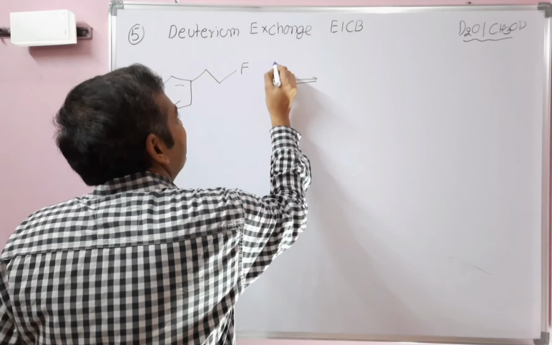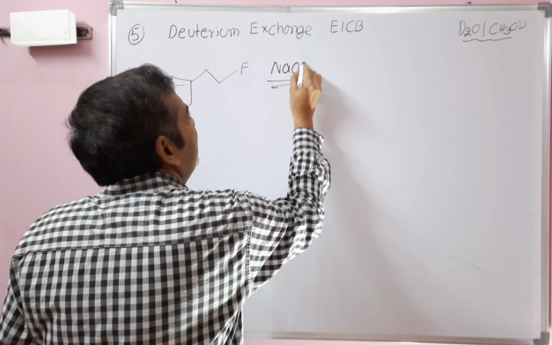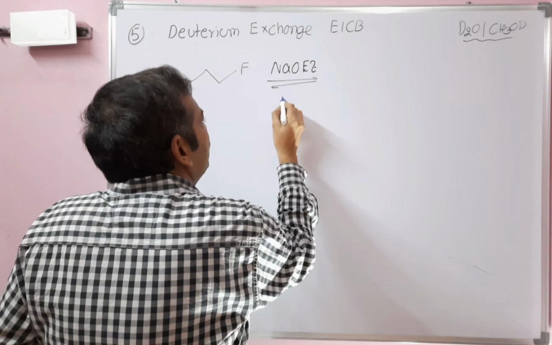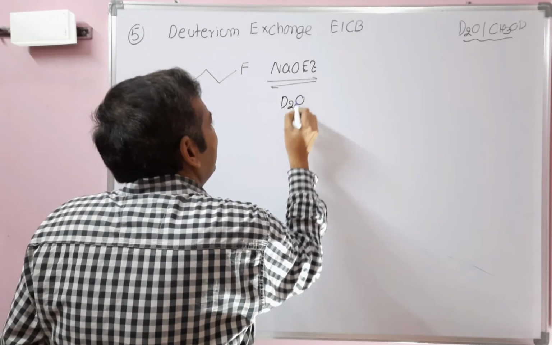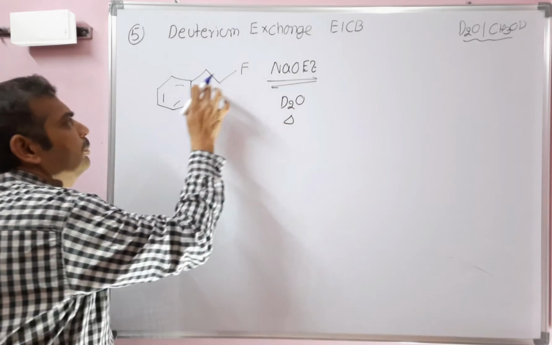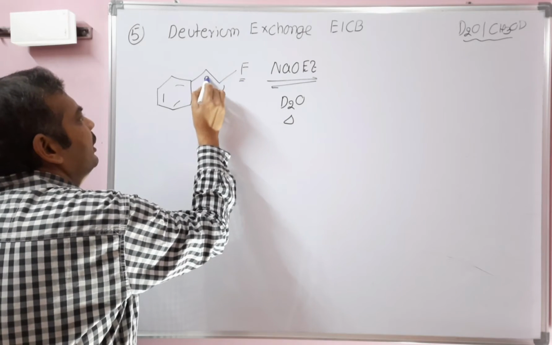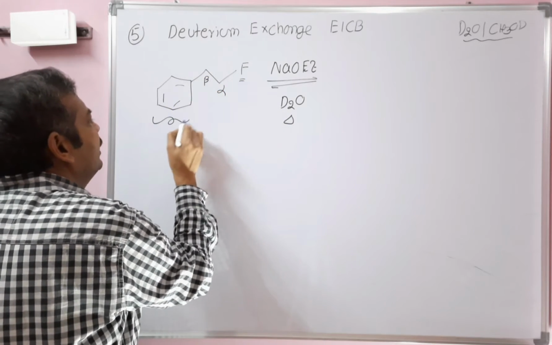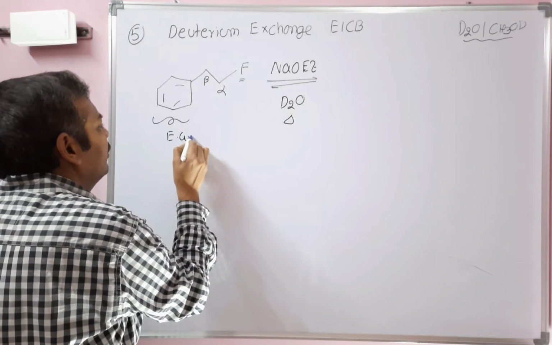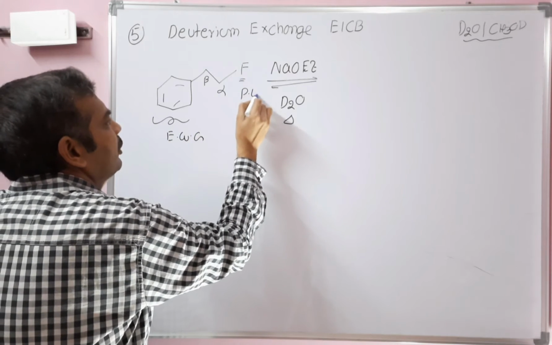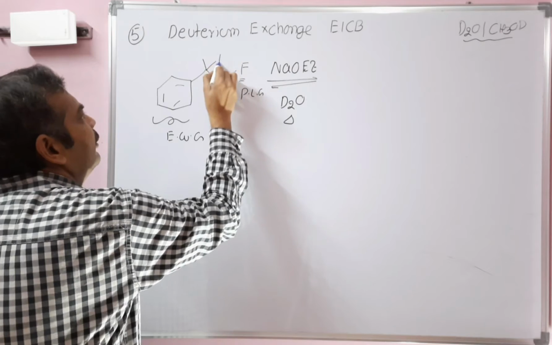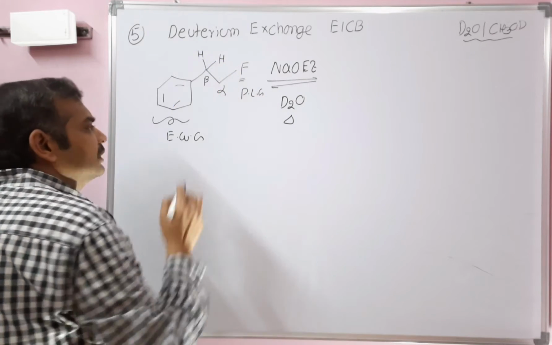With base, sodium ethoxide in D2O as a solvent at high temperature. No doubt a poor leaving group is there at the alpha position, and at beta an electron withdrawing group is there. Definitely it will undergo the E1CB reaction. Two beta hydrogens are available.